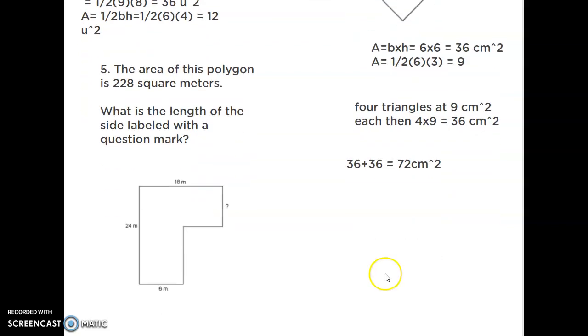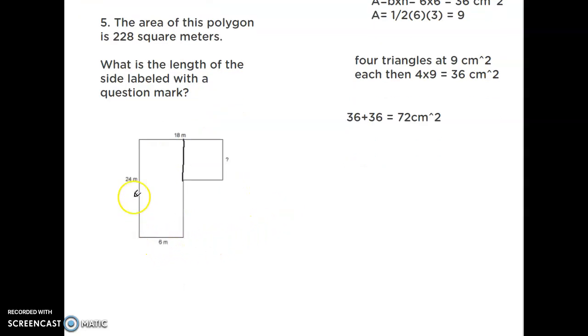All right, our very last one: the area of this polygon is 228 square meters. What is the length of the side labeled with a question mark? So we need to find the area of our sides and then be able to subtract those from the total area. So let's look.